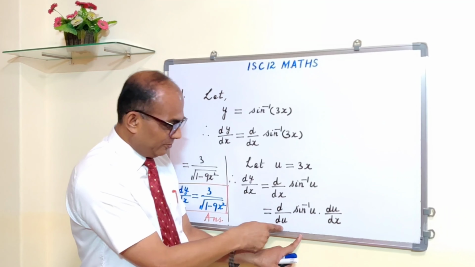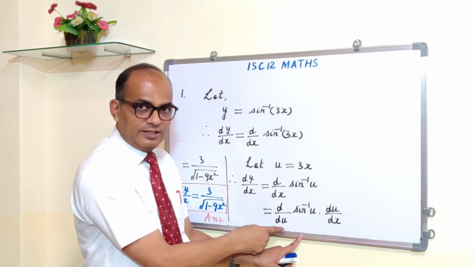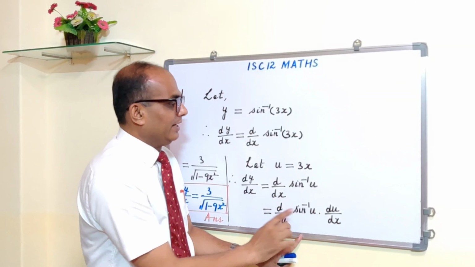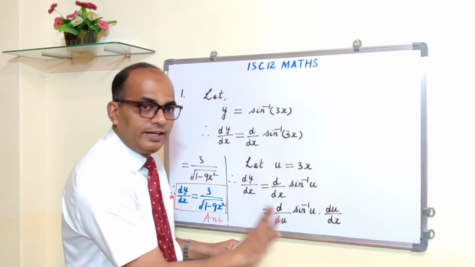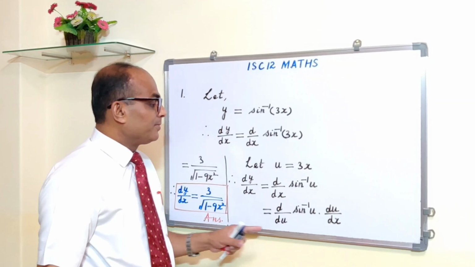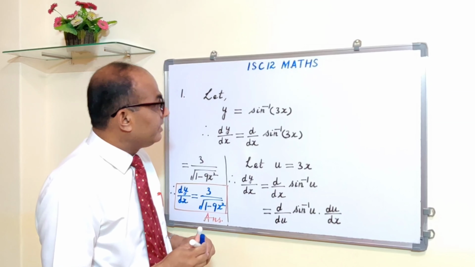Sine inverse u with respect to u, sine inverse x with respect to x, sine inverse z with respect to z. Alright, it should be same. And d dx of u, that we will see in the next step. This is okay? Fine. This is called chain rule.